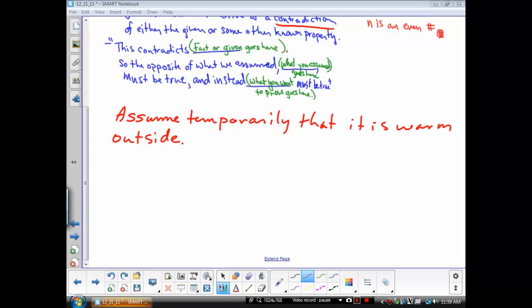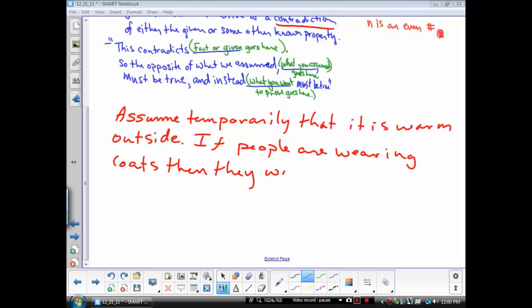Yes, they're going to be hot. Now, people are hot and sweaty.